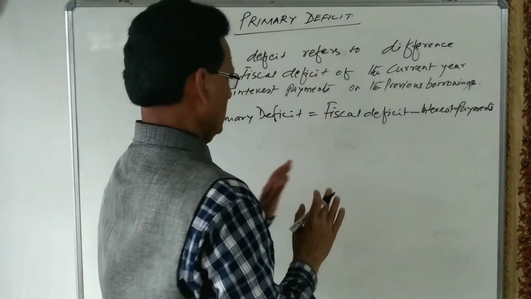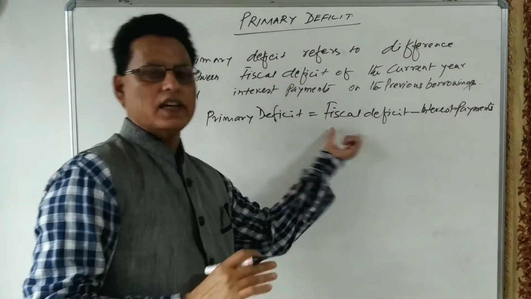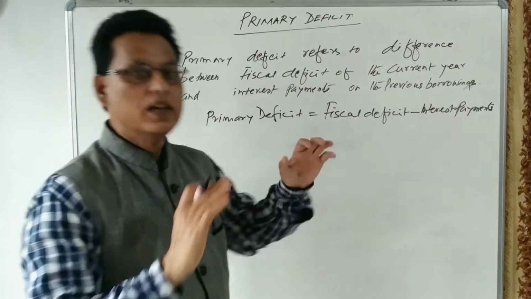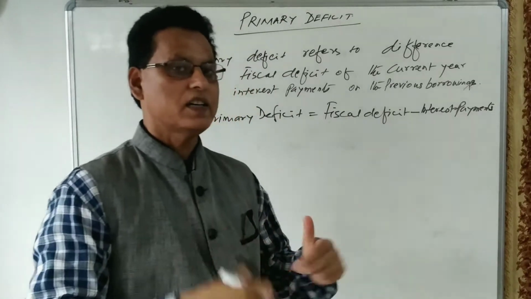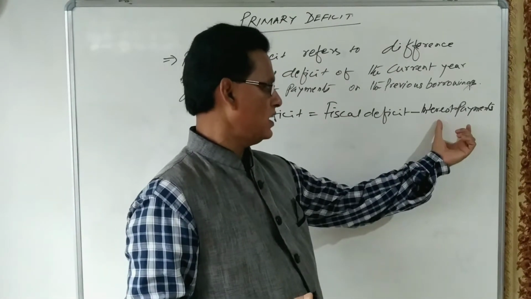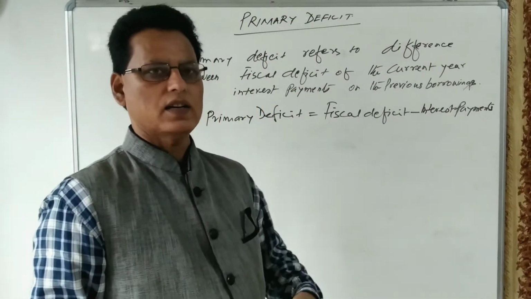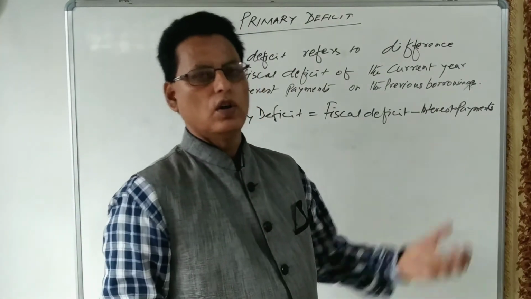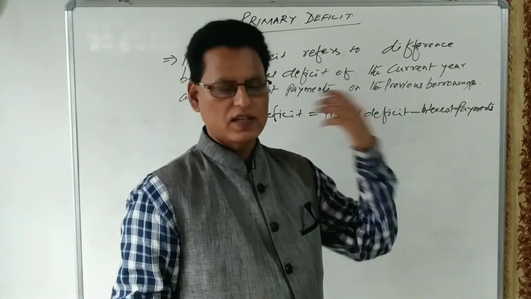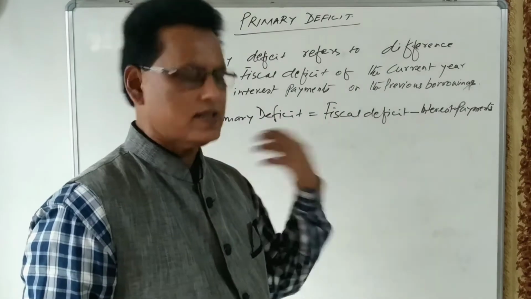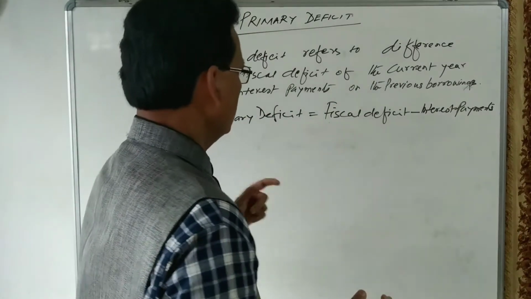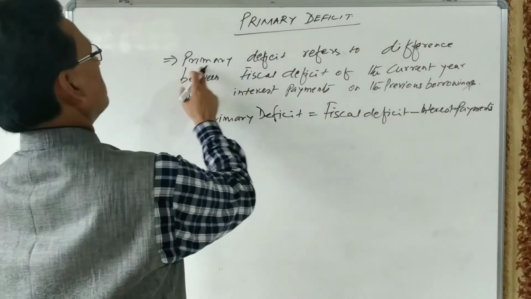It means this fiscal deficit is inclusive of the interest payments. When we deduct the value of interest payments on the loans which were taken by the government in the previous years or in the past, we get the primary deficit.